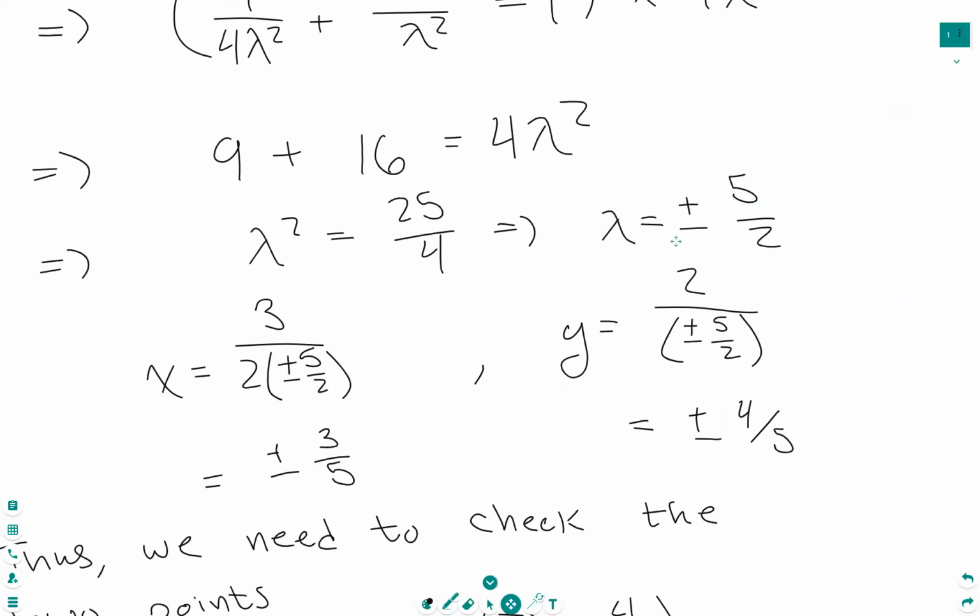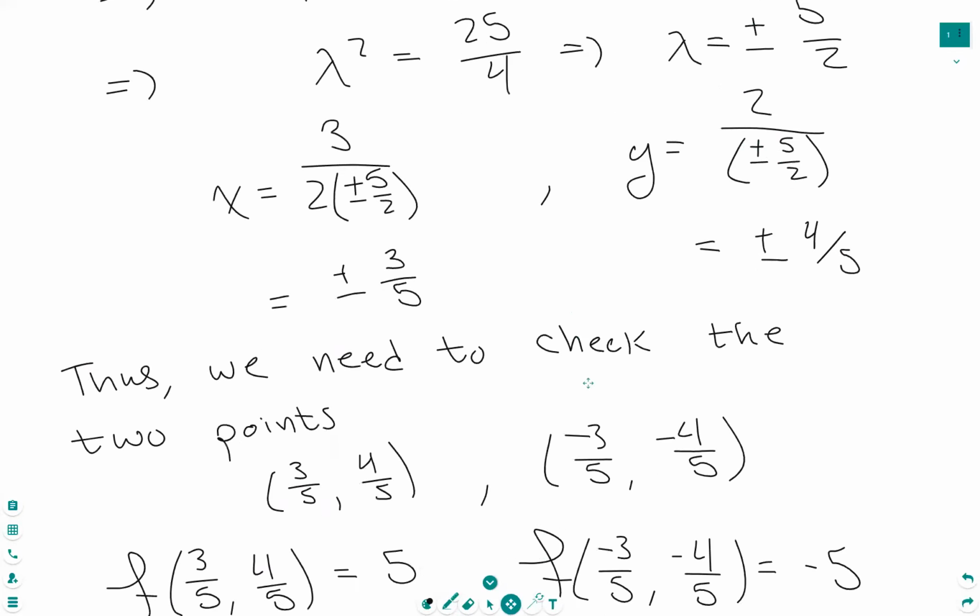And then you do lambda is the negative case, and then you get x as the negative and y is the negative. So you would only get the two options. So if you are not confident in keeping track of the plus and minus, do every single case separately, because that's very important.